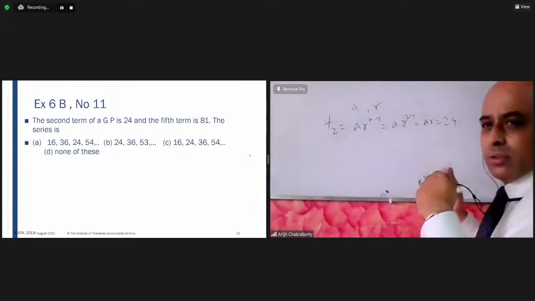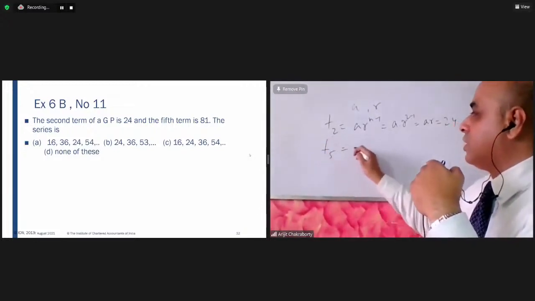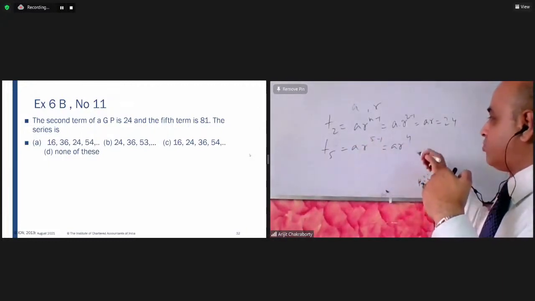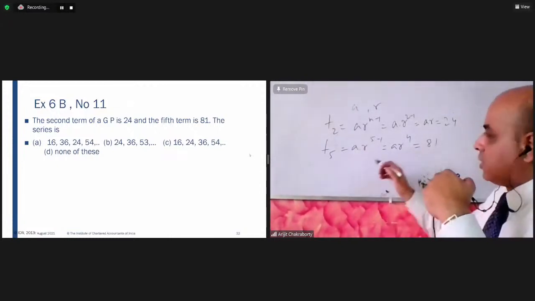That is 24. The fifth term is T5, that is AR^(5-1), that is AR to the power 4. This is 81.